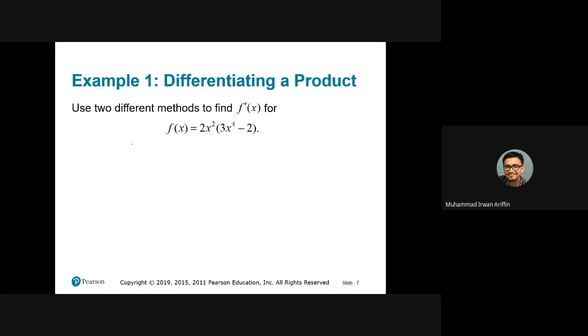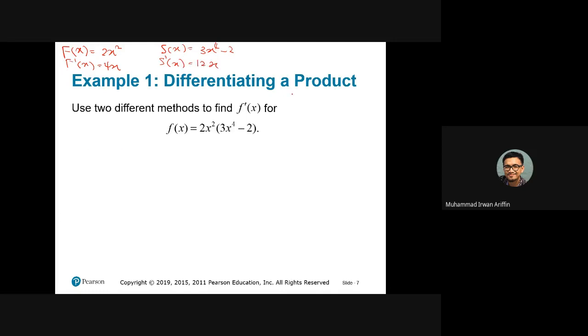So let's apply this. Let's do one example. These are a combination of two functions. Our first function is f of x equals 2x squared, so f prime of x equals 4x. Our second function is 3x to the power of 4 minus 2. What is the derivative of the second function? 12x cubed.